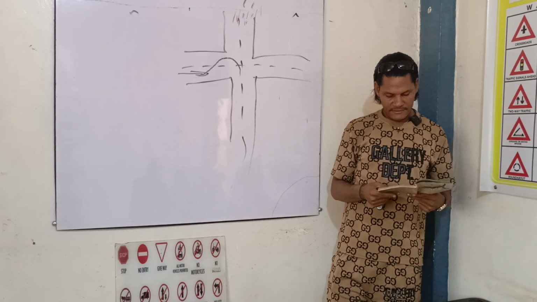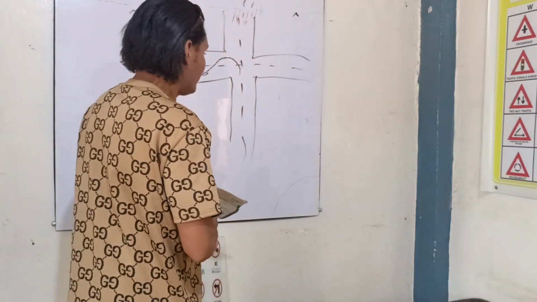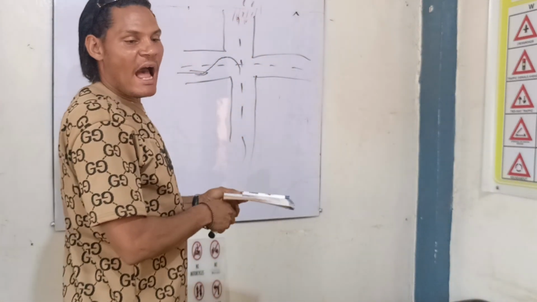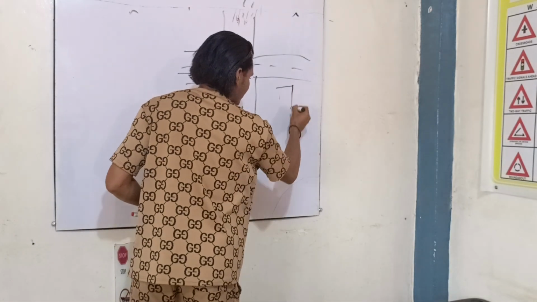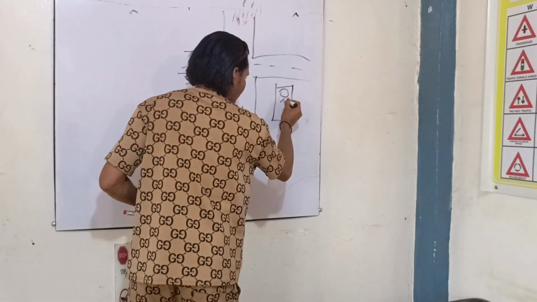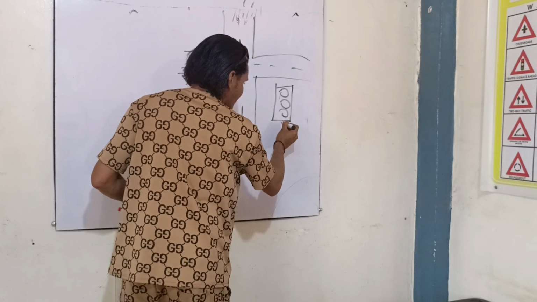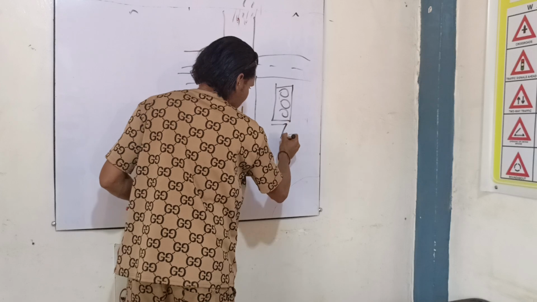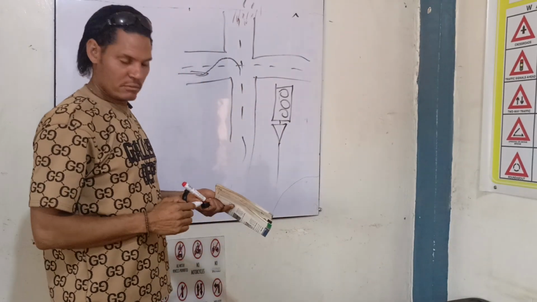Lights with signs. They are talking now about traffic lights that have signs. For example, let's say this is our traffic light with its different colors, and under it there is a sign, for example, give way, on the same pole.